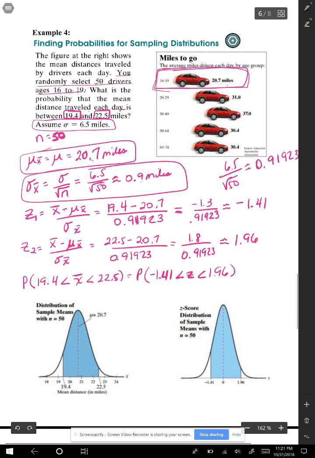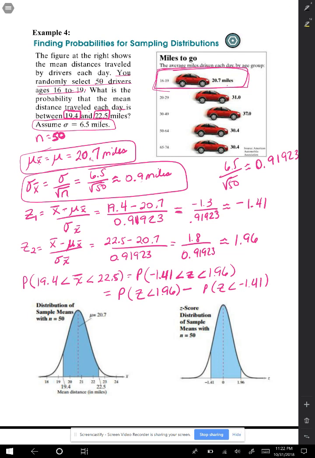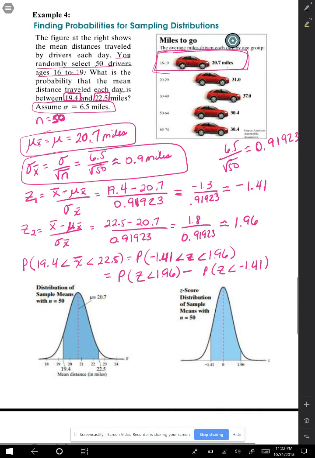So when I do this, this would be the probability that Z is less than 1.96 minus the probability that Z is less than negative 1.41. And again, this comes from a previous lesson in Chapter 5, so I'm not going into detail how to do this because we just got through doing it.